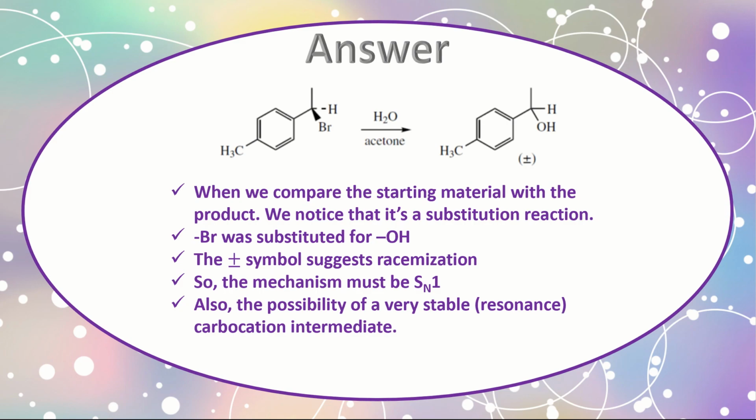So our answer to that question is, when we compare the starting material with the product, we notice that it's a substitution reaction, right? Because bromine was substituted for the hydroxyl group. The plus or minus symbol, as I said, suggests racemization, and so the mechanism must be an SN1 mechanism, right?